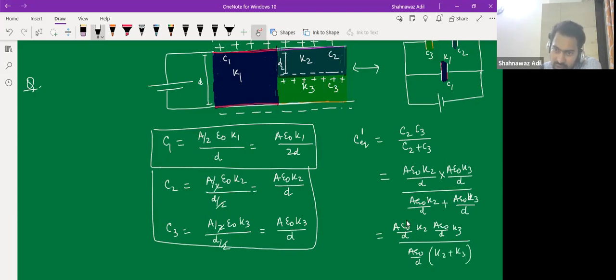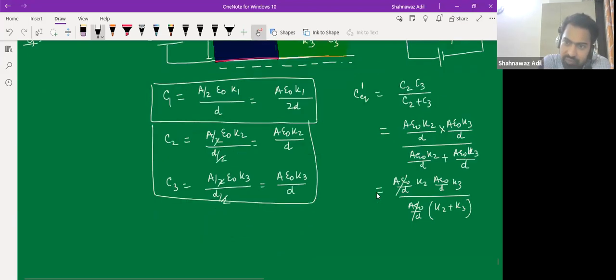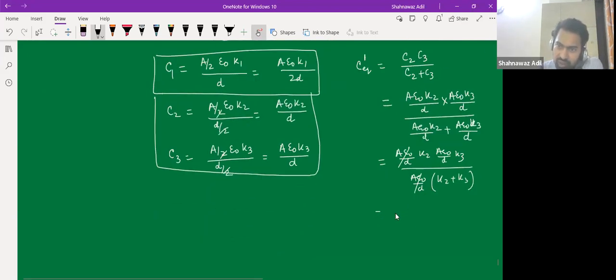So this part cancels out, and we have A epsilon naught by D, K2 K3 divided by K2 plus K3. This is C equivalent 1.